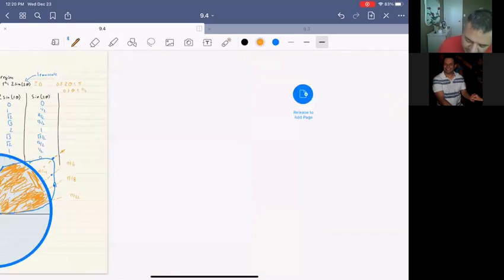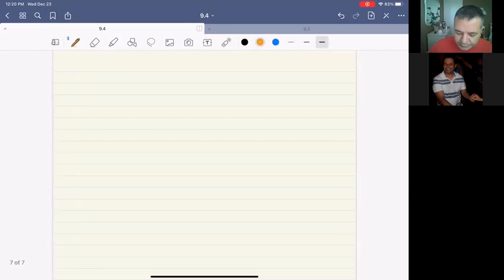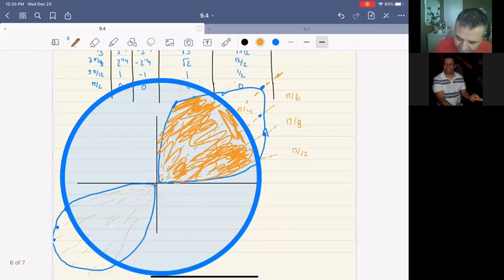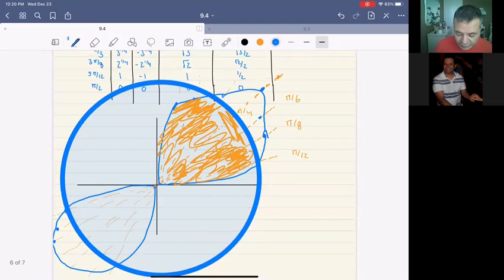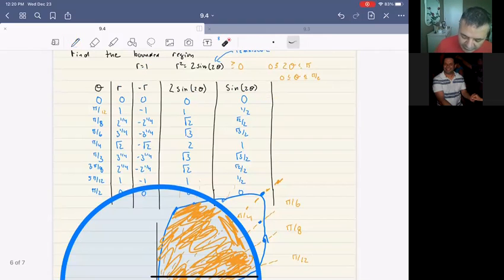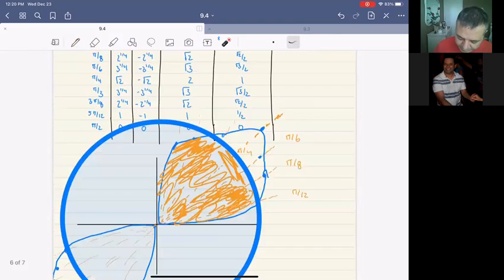We're going to magnify what's going on here. Okay, first, we know actually where these two intersect. Just from this, we know they intersect at pi over 12 and 5 pi over 12.